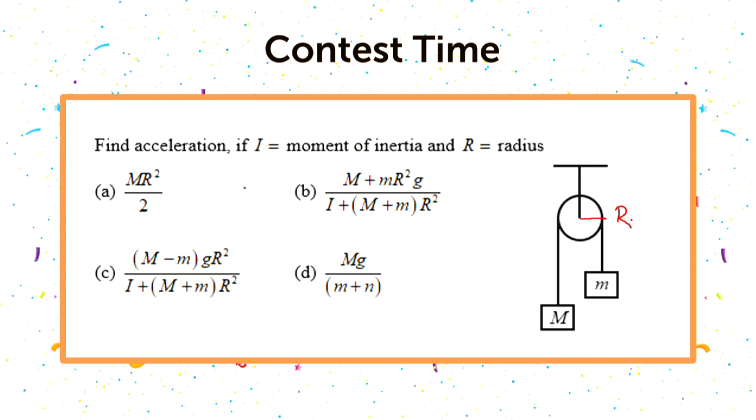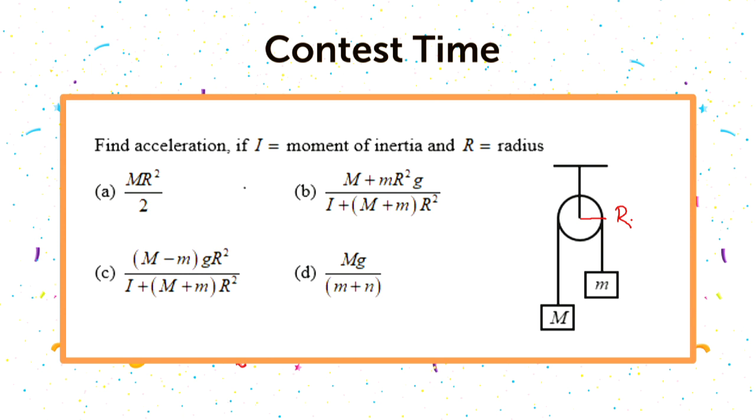What are the things mentioned in the problem? The moment of inertia is given. Whatever your answer, that should be mentioned in the form of the given variables. You are not supposed to handle your own variables. So whatever the variables mentioned in the diagram, you have to go through them.